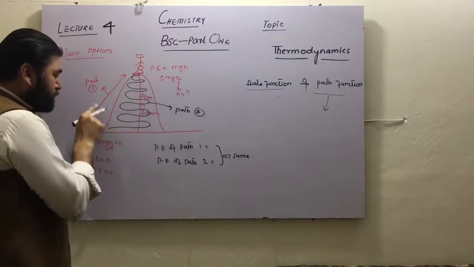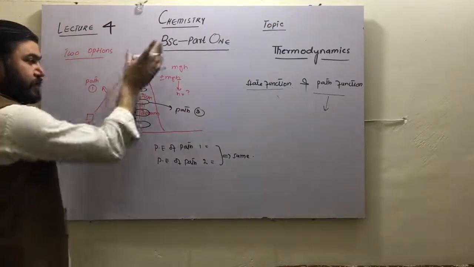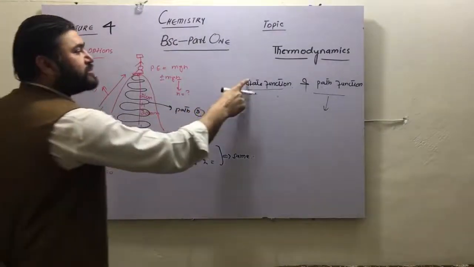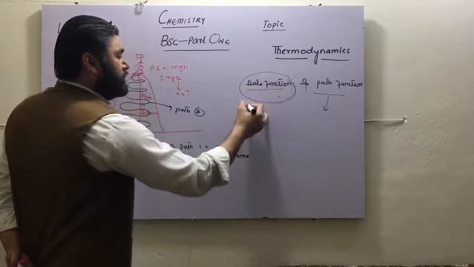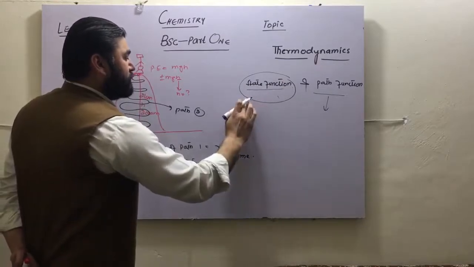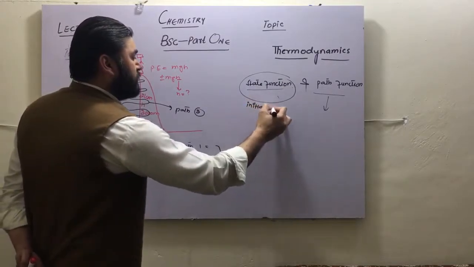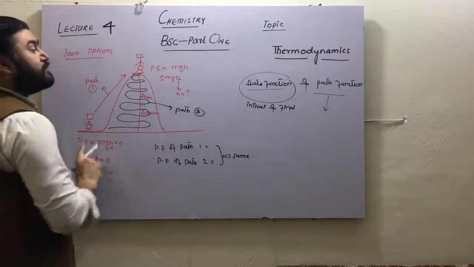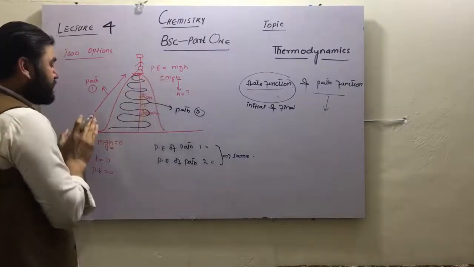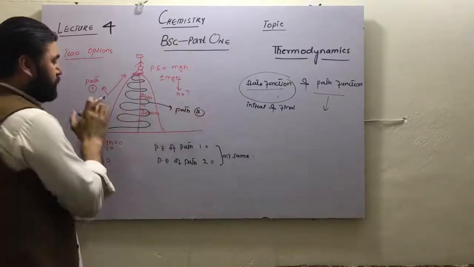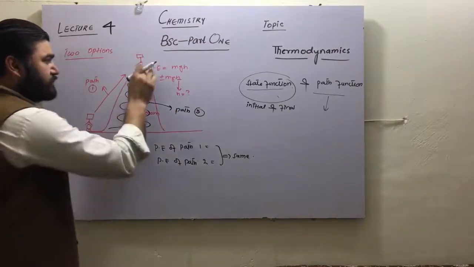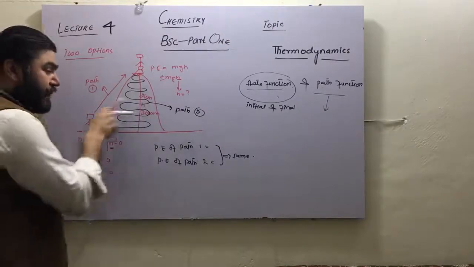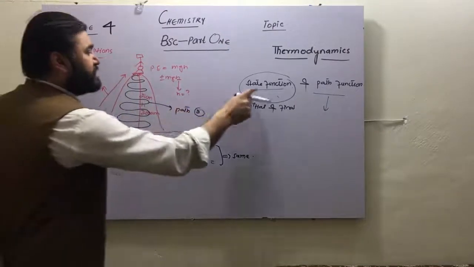It does not deal with the path. It doesn't tell where it came from; it only cares that the initial is 0 and what the final is. State function only tells you the initial and final. It does not tell you about the way it came. The initial state is 0, here it has some energy, so we can say this is the initial and this is the final. But how it happened, the state function does not tell you.